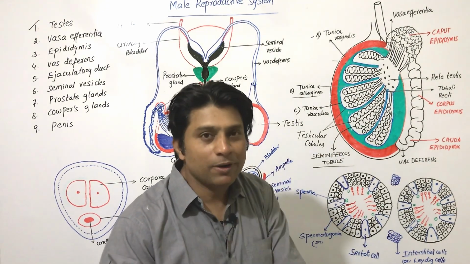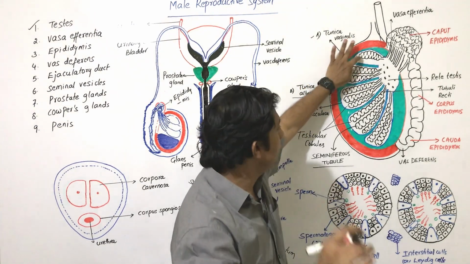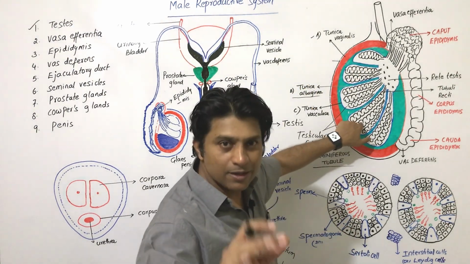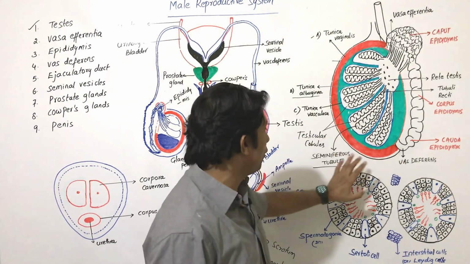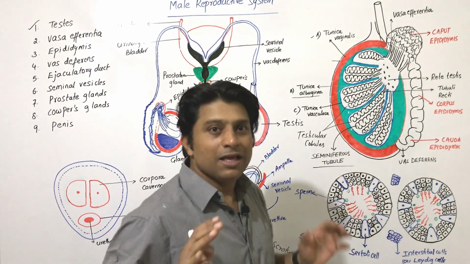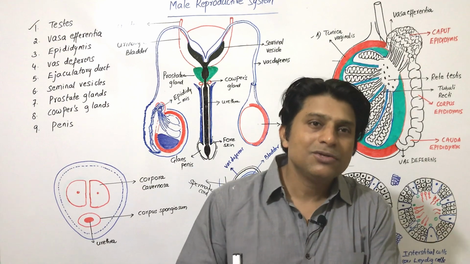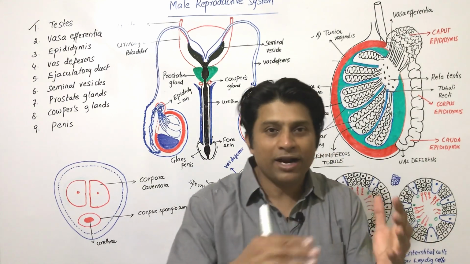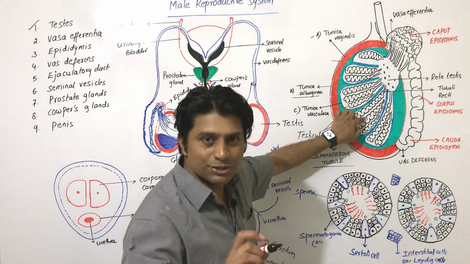Just to make you understand clearly, in some lobules I made 1, in others I made 3. So the maximum number of seminiferous tubules in each testicular lobule is 1 to 3. In each testis, the number of testicular lobules is 200 to 250, so you can calculate 250 into 3, right? All these are seminiferous tubules.